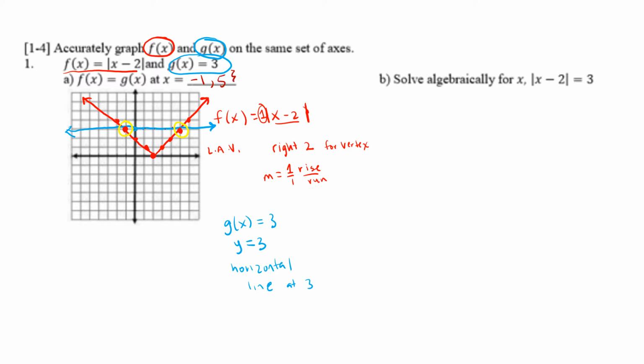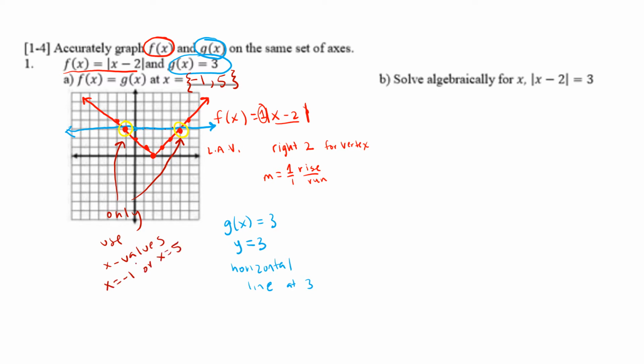X equals 5. Again, I don't want the coordinate points of those yellow circle points. I just want the x values. Only use x values. So it's at x equals negative 1 or x equals 5.